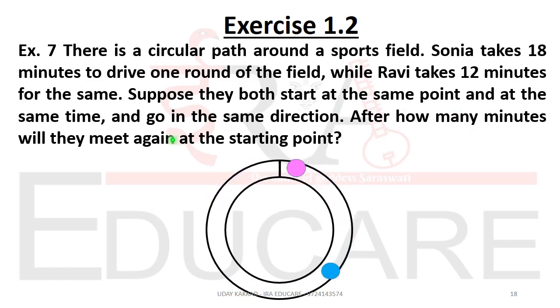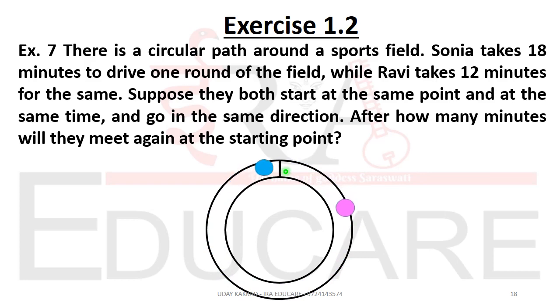After how many minutes will they meet again at the starting point? So here the pink ball is Sonia and the blue ball is Ravi, and both take a round in the circular path as shown in the figure, right? This is your starting point.